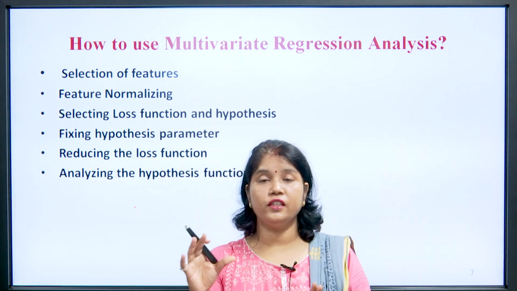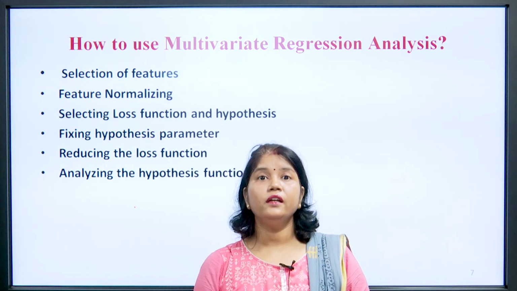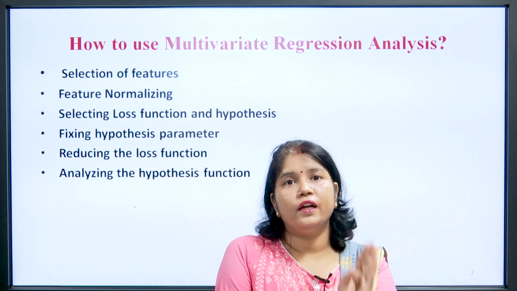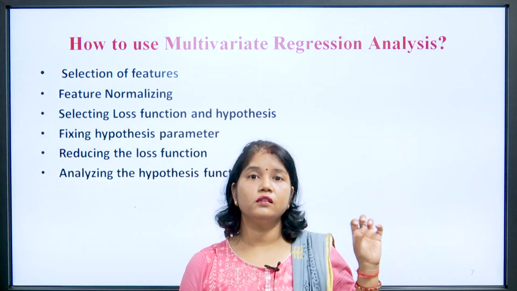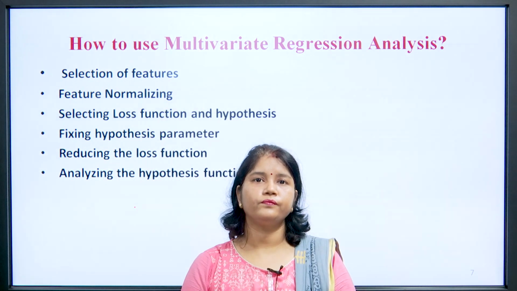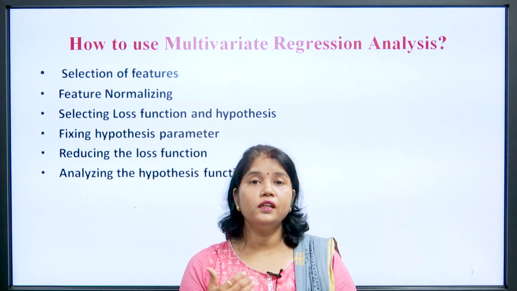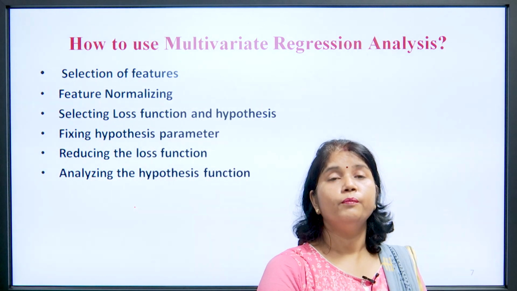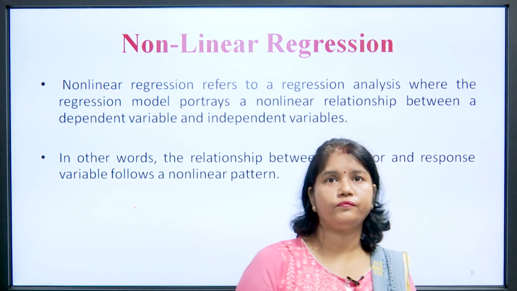Yes, this is the nature of the data, and finally you will try to reduce the loss function, and after analysis this is the final hypothesis of this particular problem. Several other factors are also introduced in between, but these are the major ones.